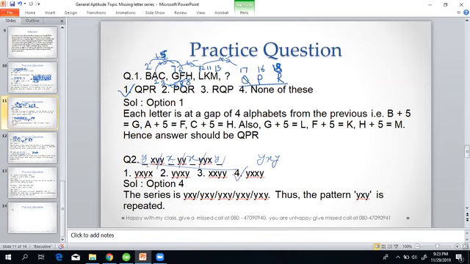We have already substituted the first, second, and third options, and it is not forming a pattern. If we substitute the fourth option, the pattern forms here: yxy, yxy, yxy, yxy. That's why the fourth option is the correct answer.